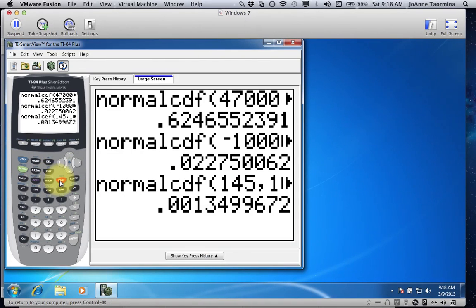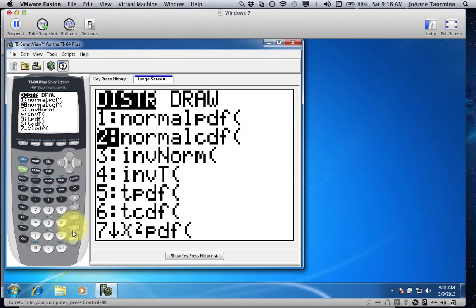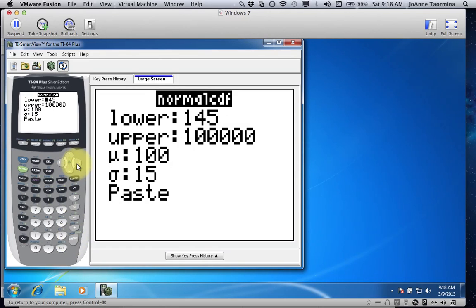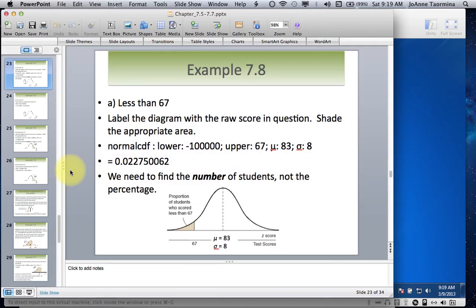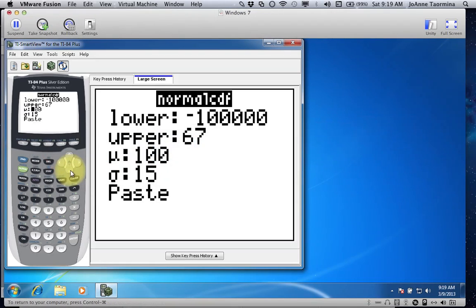So I'm going to recap how we get the proportion. The lower is negative 100,000. The upper is 67. The mean is 83 and the standard deviation is 8.